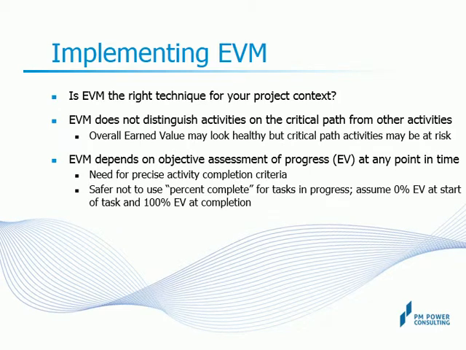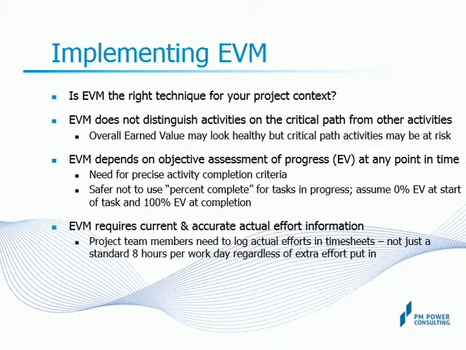EVM requires objective and precise completion criteria to assess activity level progress as represented by the earned value. Without that, the overall project EV will not be accurate, rendering the technique useless. Earlier in the module, we had talked about using rules like 0 or 100%, which make progress assessment more objective, even if somewhat conservative.